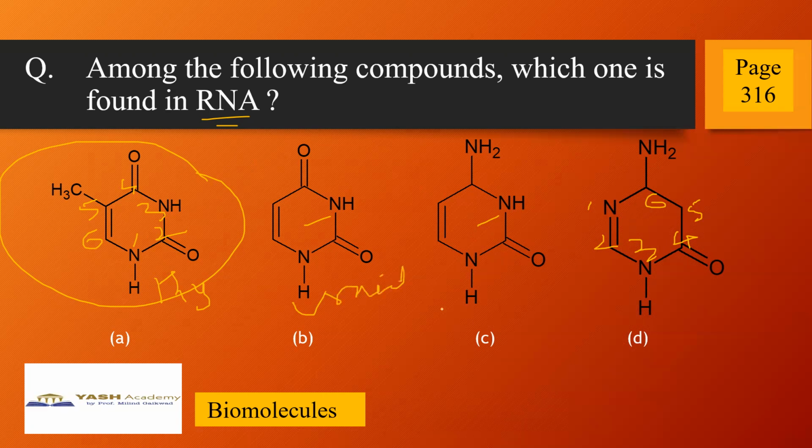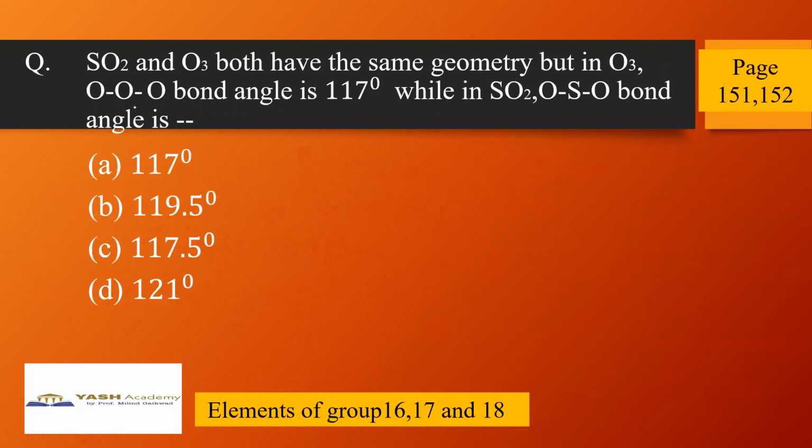And this is the structure of cytosine. These are the pyrimidines. So here it looks like N, first carbon, second and third. But this is not the correct structure. So B is the correct answer option of this question. Uracil.